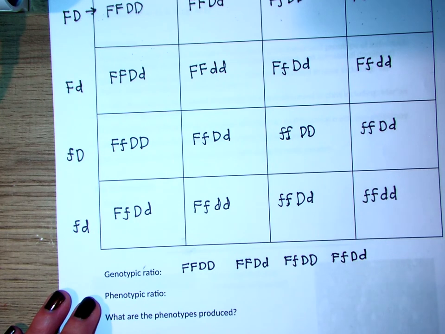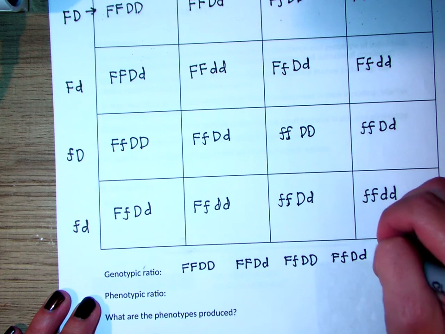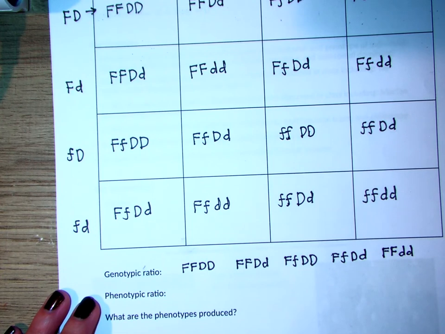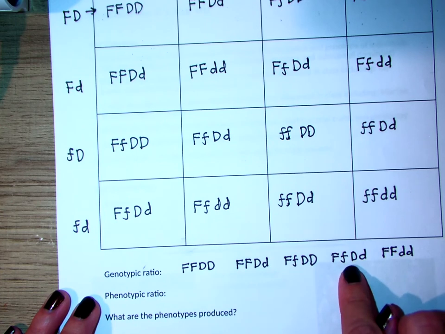Let's see what else we're missing. I'm just getting this from the chart here. We can have big F, big F, little d, little d. I'm going to have to take up 2 rows here. Did I get them all?